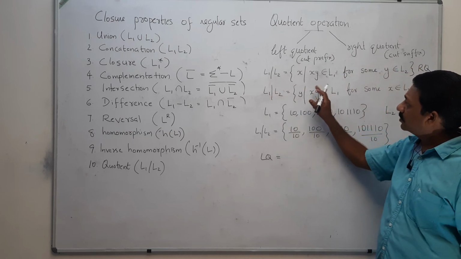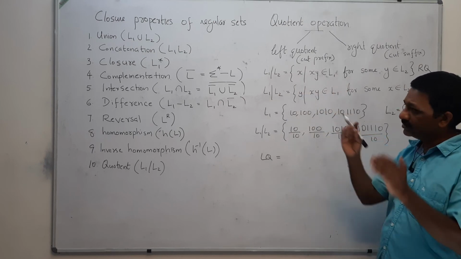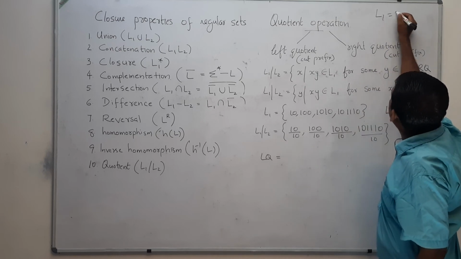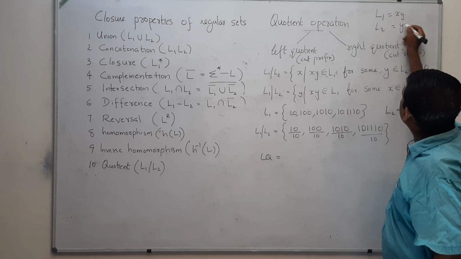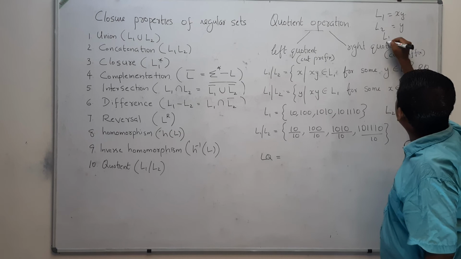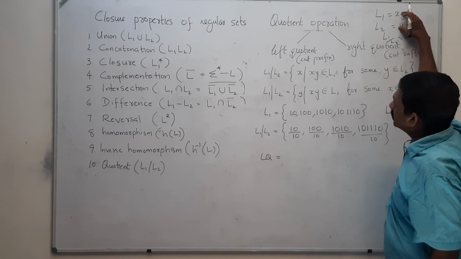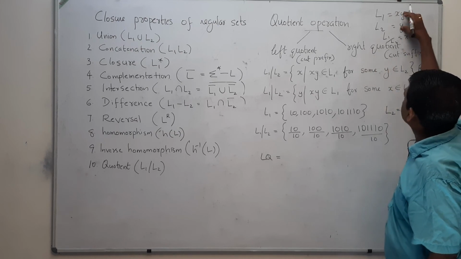L1 by L2 is equal to x such that xy is an element of L1. That means if L1 is xy and L2 is y, then L1 by L2 is x. That means you are cutting the suffix. This is the right quotient, cutting the suffix.